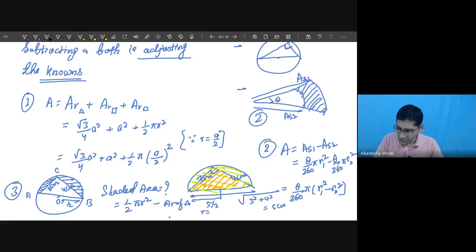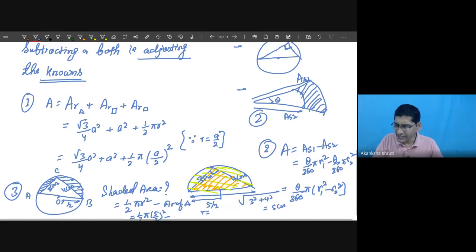Then you finally substitute this radius here as 5 by 2, and the area is very easily half pi (5 by 2) square minus, see, for getting the area of this triangle, since it is 90 degrees, any one of them can be taken as the base and the other will be the perpendicular. For a right angle triangle, one is acting as base and another side as perpendicular.